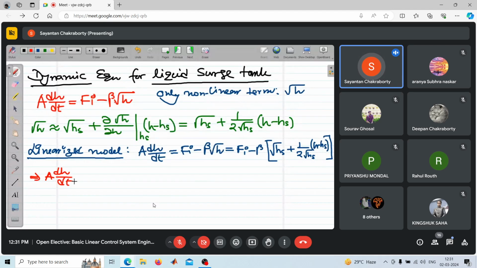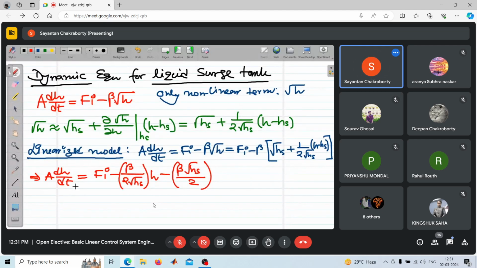I should identify the linear part of h, that is first the constant part, Fi minus beta root hs by 2, plus the term in h.